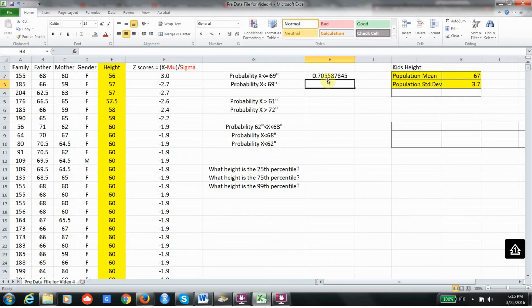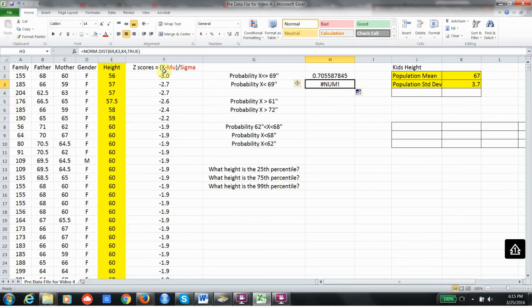So basically, there's a 70% chance you're going to draw an adult child that has a height less than or equal to 69. Now notice that when we compute probabilities, we don't care about the equal sign on the inequality because the probability of a single point is 0, so I get this one for free.